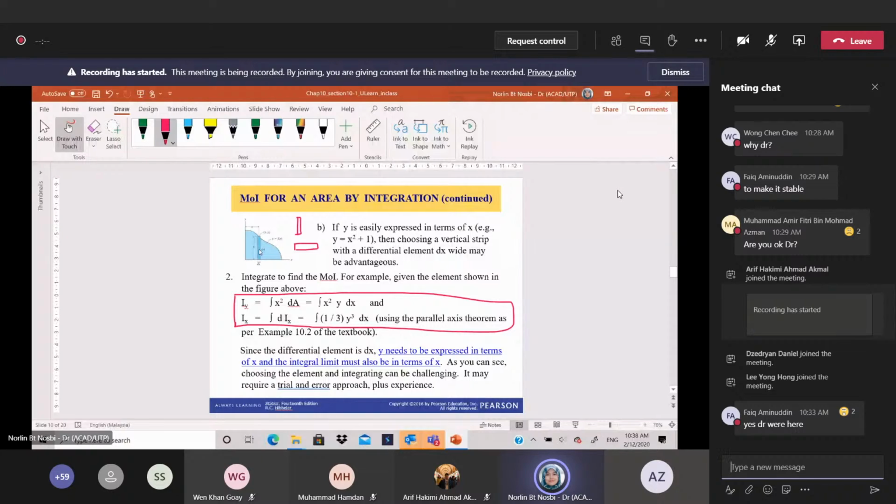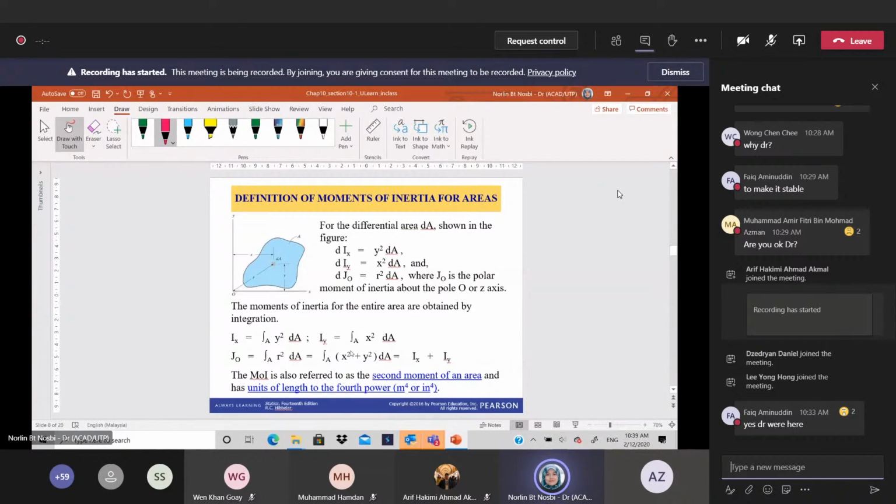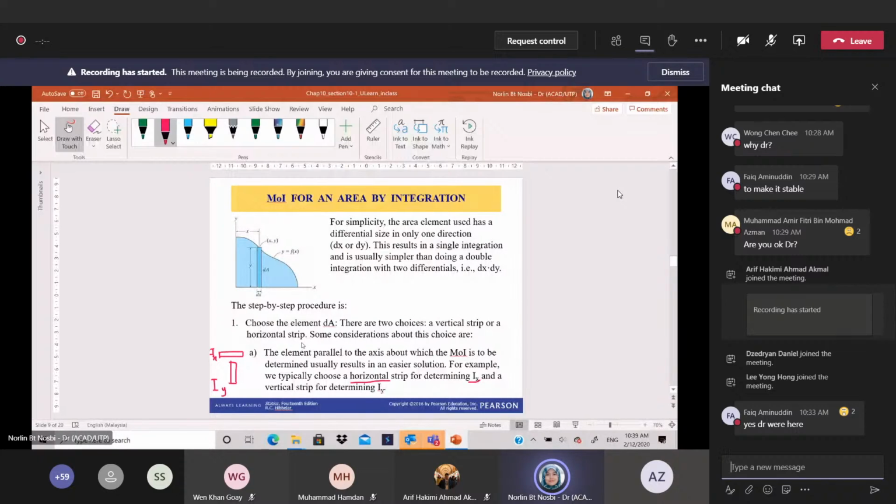There is another equation, like this one at the bottom here. You need to use this new formula, not the previous one, which is y squared dA. Later I will show you how to use it and why you need to use this equation.